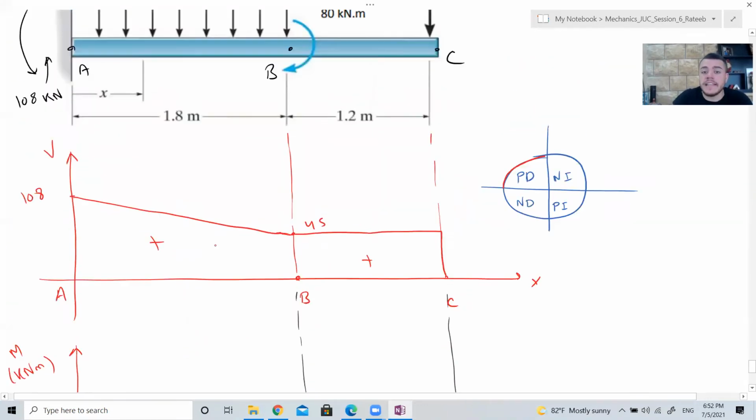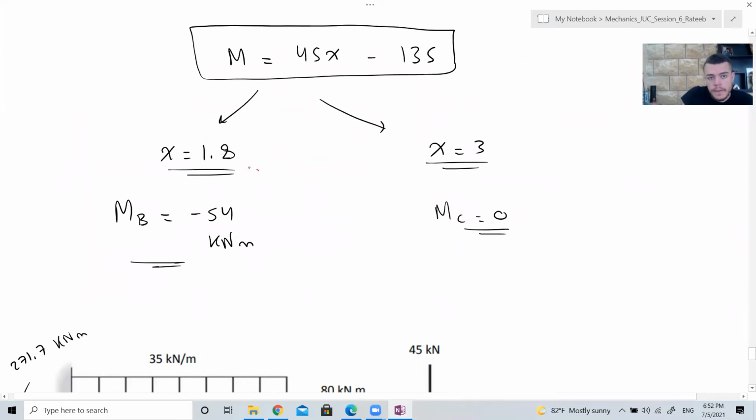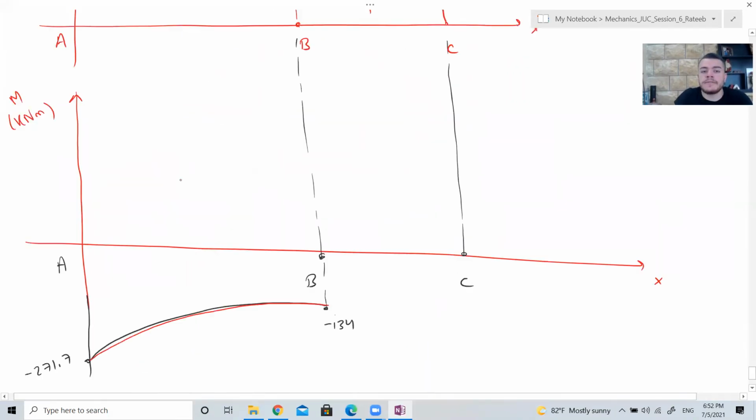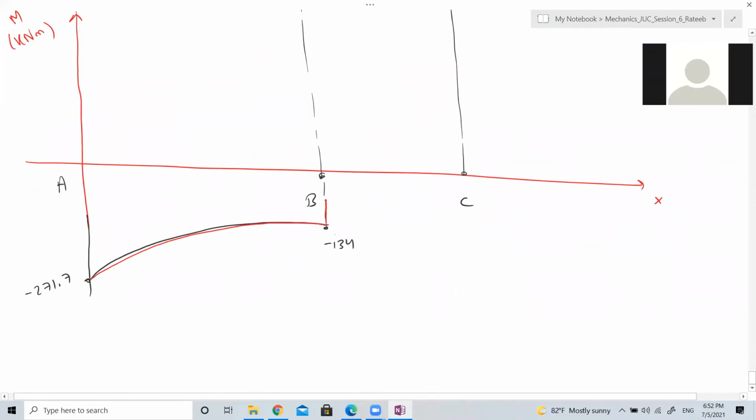Then from B to C. At B it is minus 54, so you have to have a jump up.